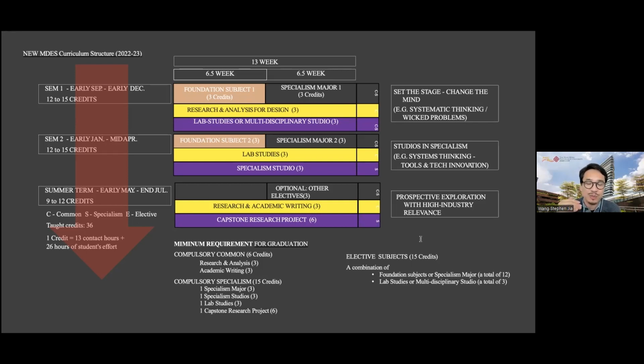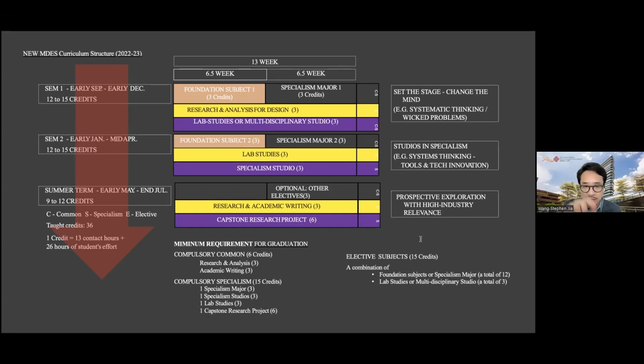But if you do a bit more in the term 1 or 2, you can have a bit more relaxed, maybe not good word, a bit more focused study style in the last term. Okay, so in each term you're gonna have a foundation and specialism research, basic research, which is just yellow color, and lab studies or specialism studio subjects, or both.